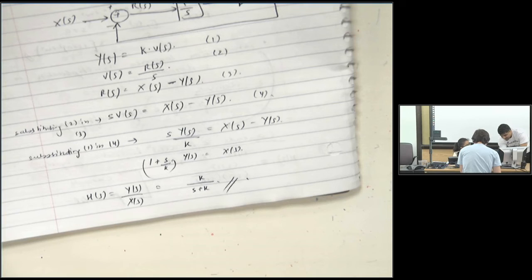Wait, so this would be considered like 0 minus 0.5j, right? Like the C right here is negative 0.5j. Is that in polar form or is that in rectangular?